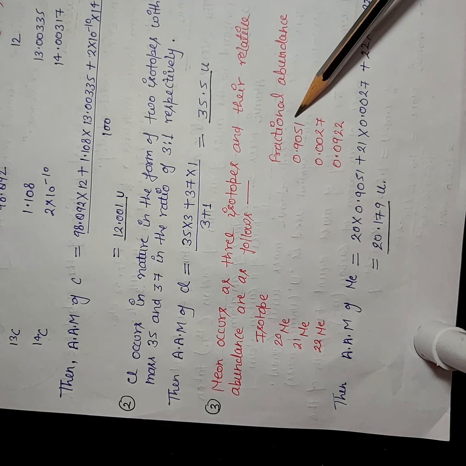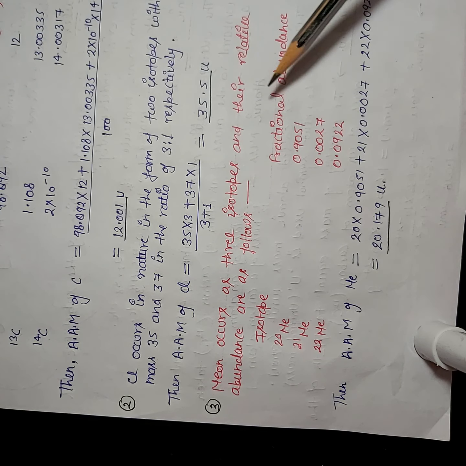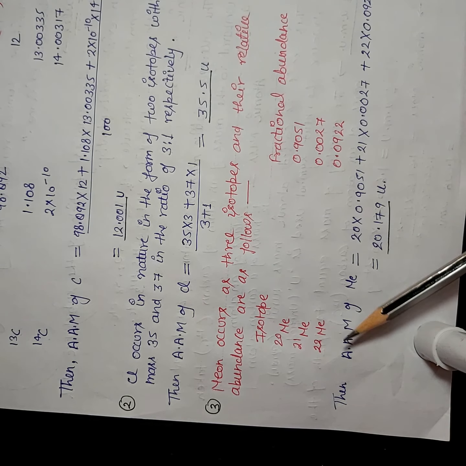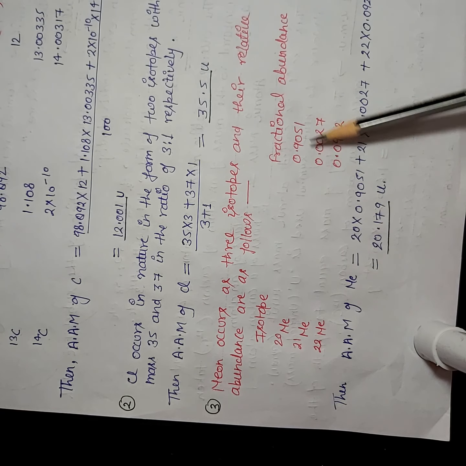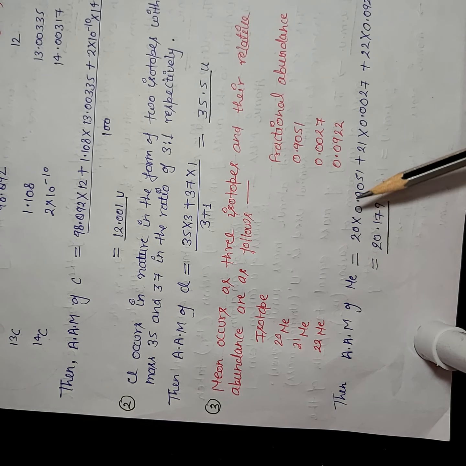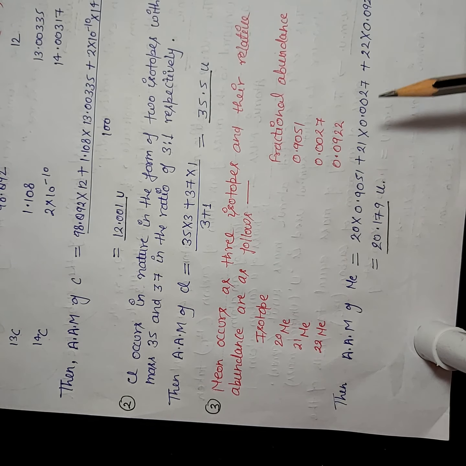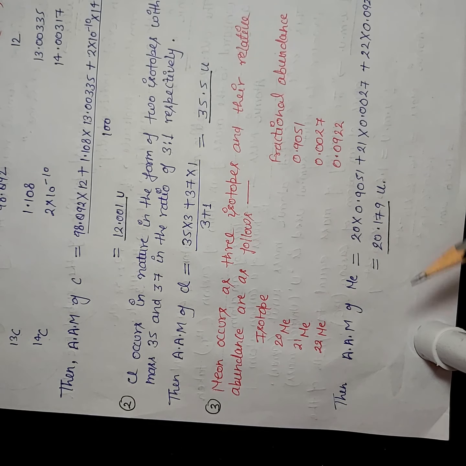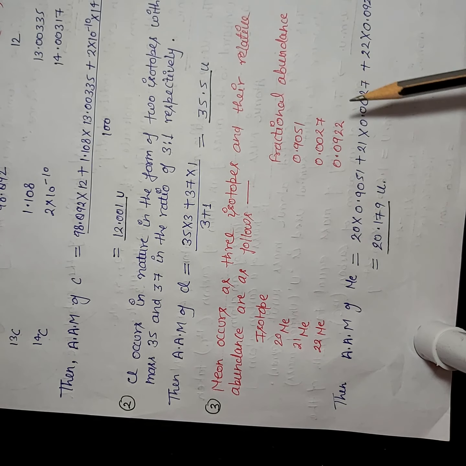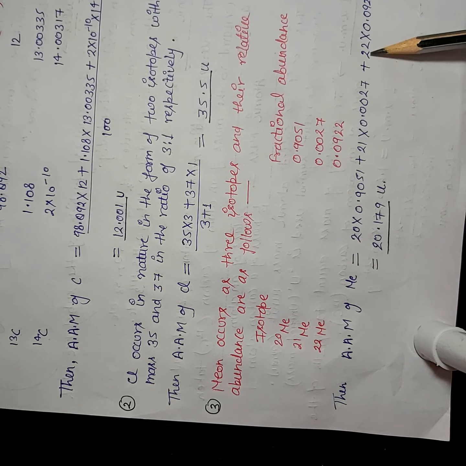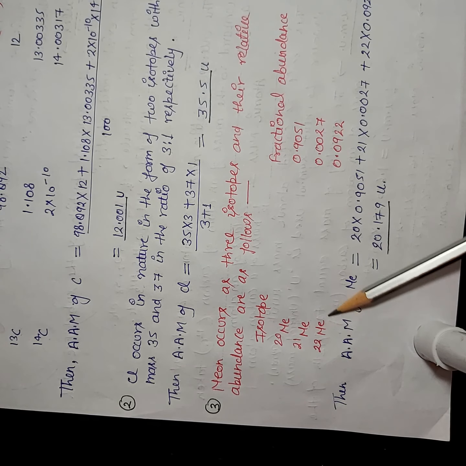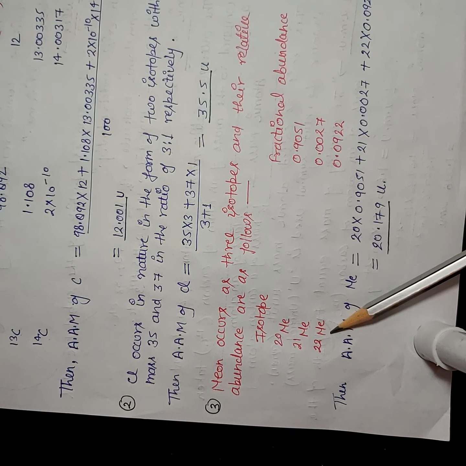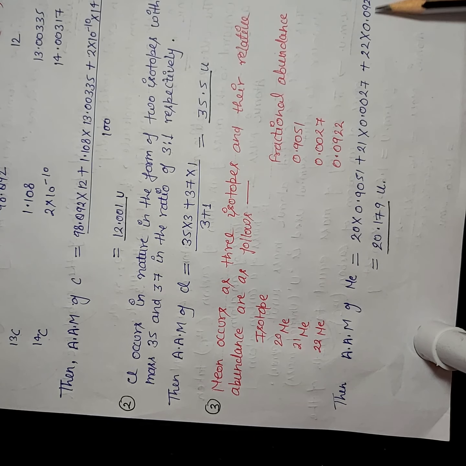So 0.9051 and so on. How will you calculate? You will simply multiply the atomic mass by its fractional abundance, plus the atomic mass of the second isotope multiplied by its fractional abundance, plus the atomic mass of the third isotope and its fractional abundance. So you will get your answer.